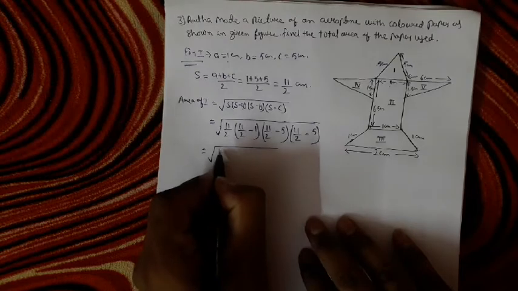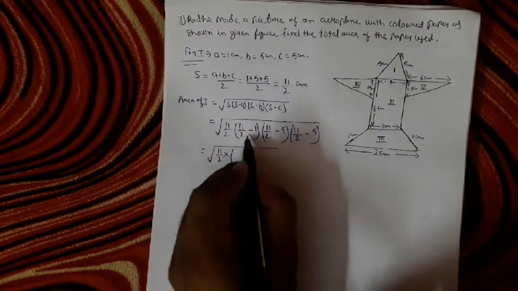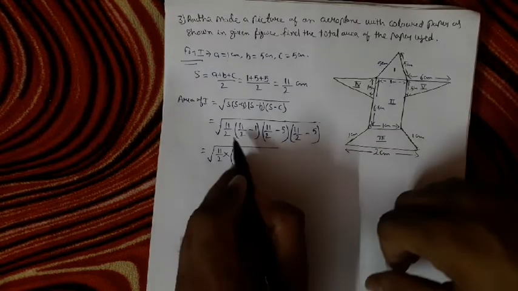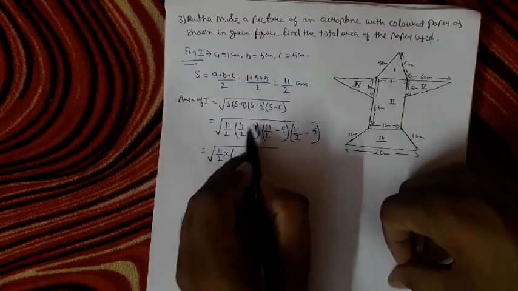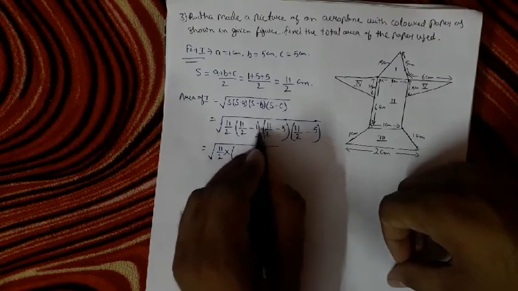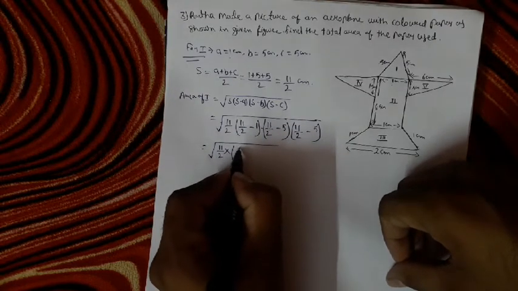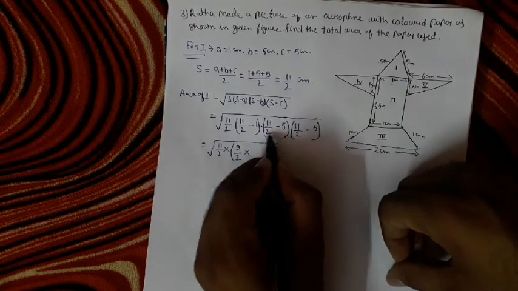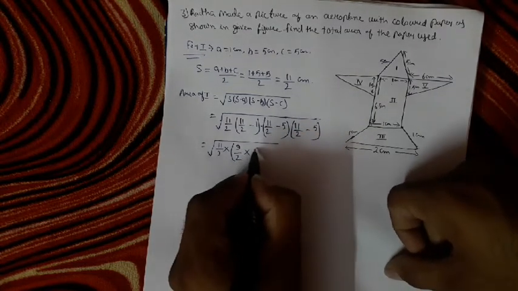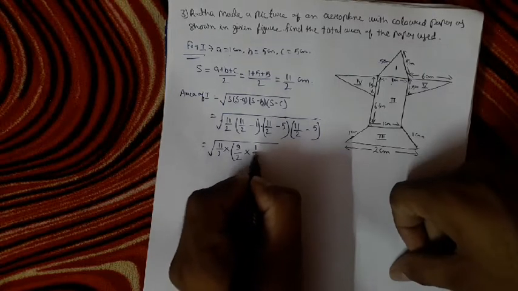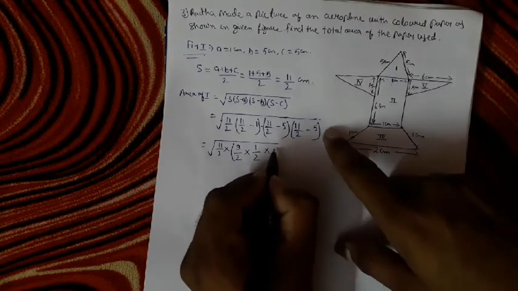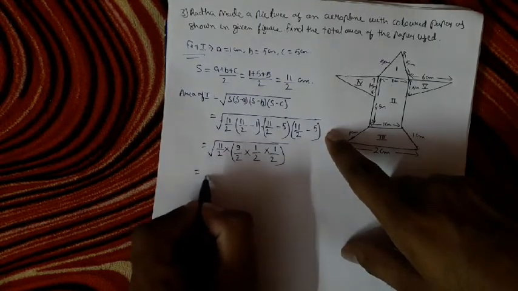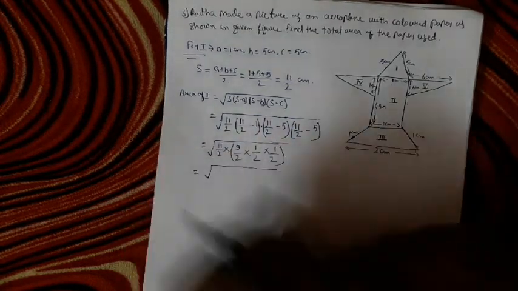Okay, now as we know, 11/2 will be written as it is. When we solve 11/2 minus 1, we get 9/2. 11/2 minus 5 is 1/2, and here also 1/2. This all will be multiplied.